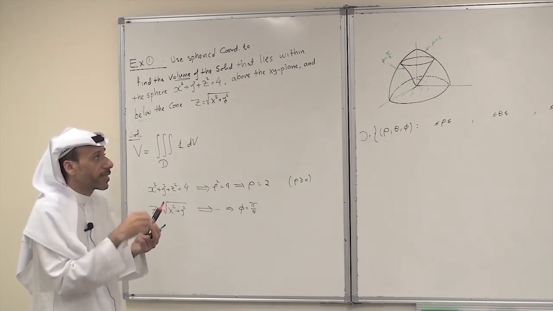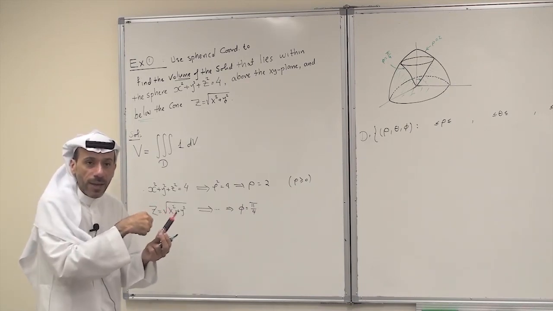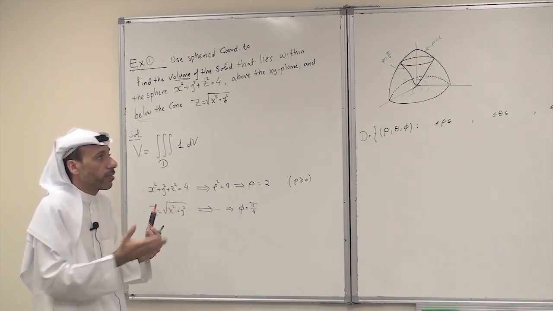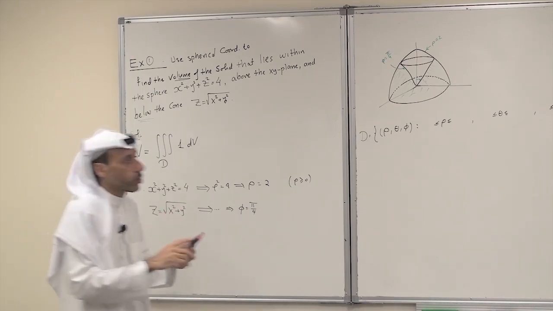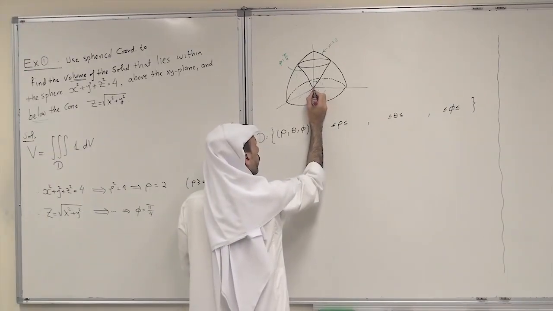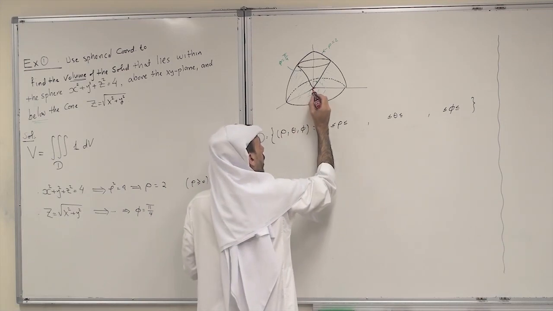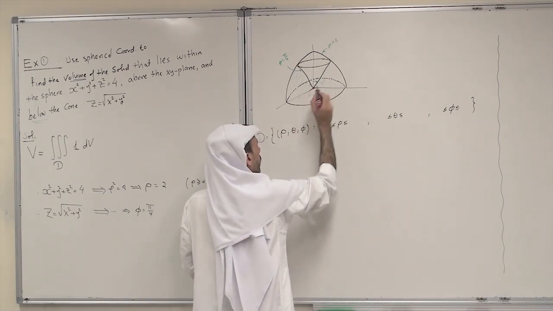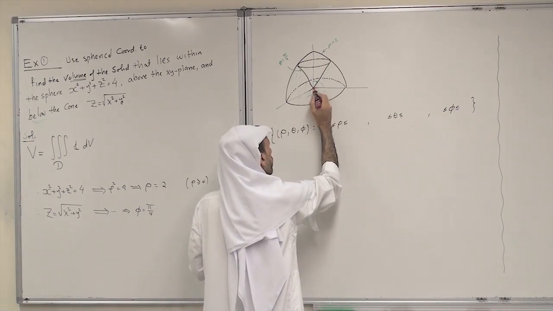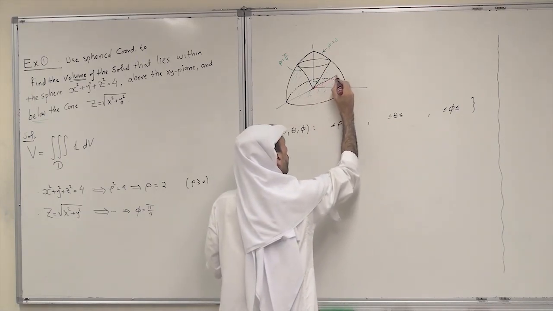We take a ray starting from the origin and enter the solid, and we see where we enter the solid and where we leave the solid. So this is the origin, and we take a ray from the origin inside the solid. The solid is here, not inside the cone, this is below the cone. So this is the ray.